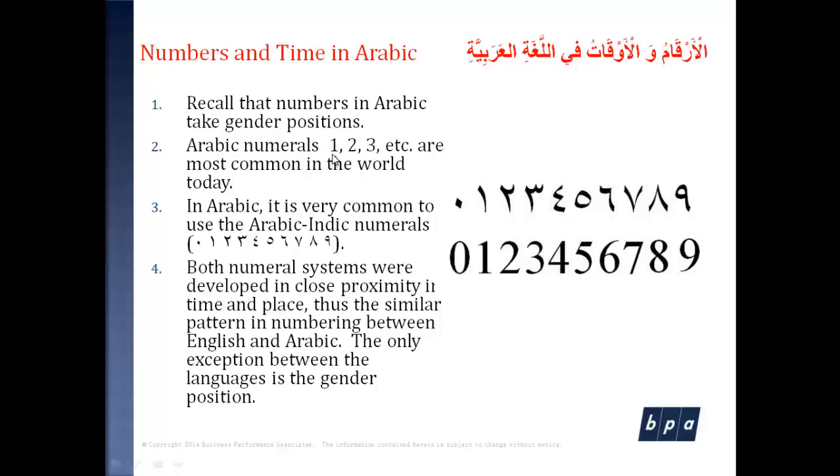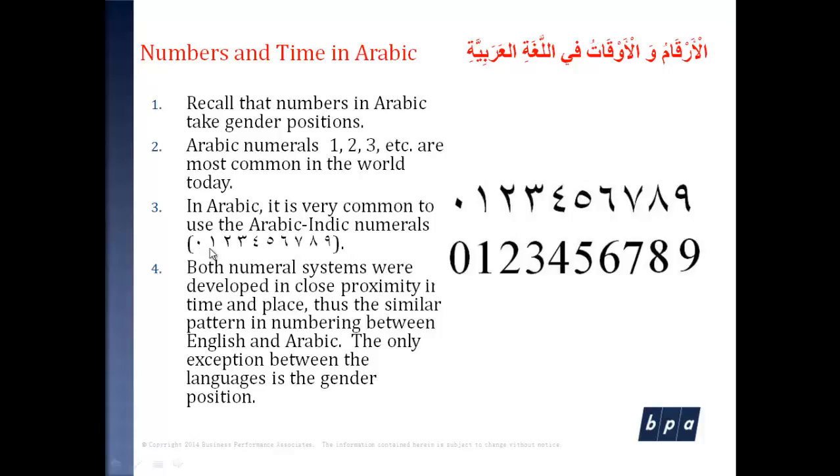Arabic numerals 1, 2, 3, etc. are most common in the world today. In Arabic, it is very common to use the Arabic Indic numerals, which are shaped like this.